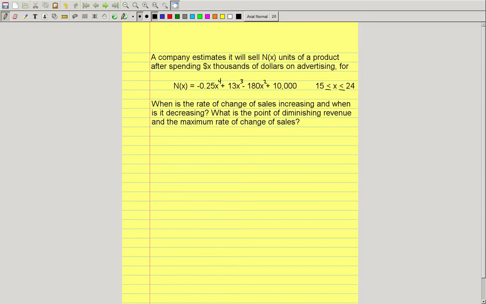What we'd like to do is determine the rate of change of sales increase and decrease, what the point of diminishing revenue and the maximum rate of change of sales is.